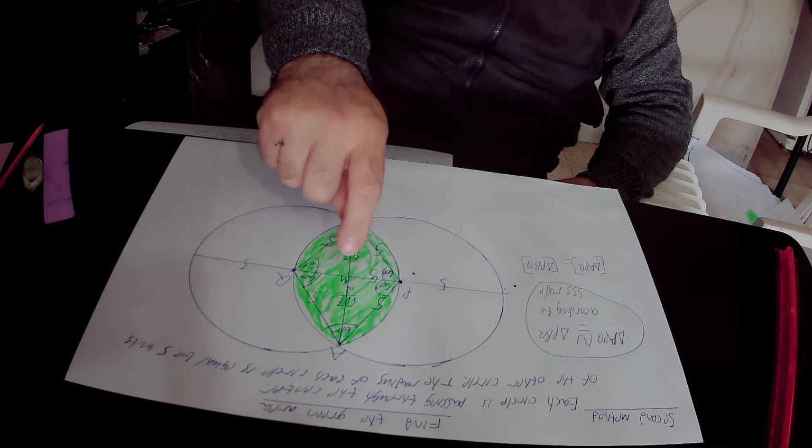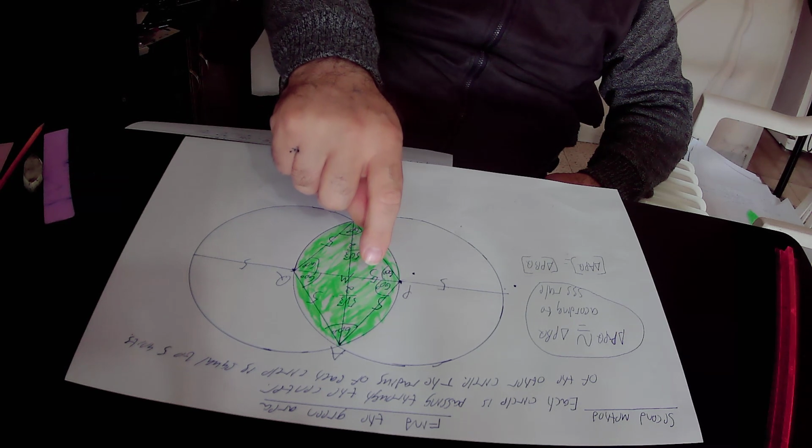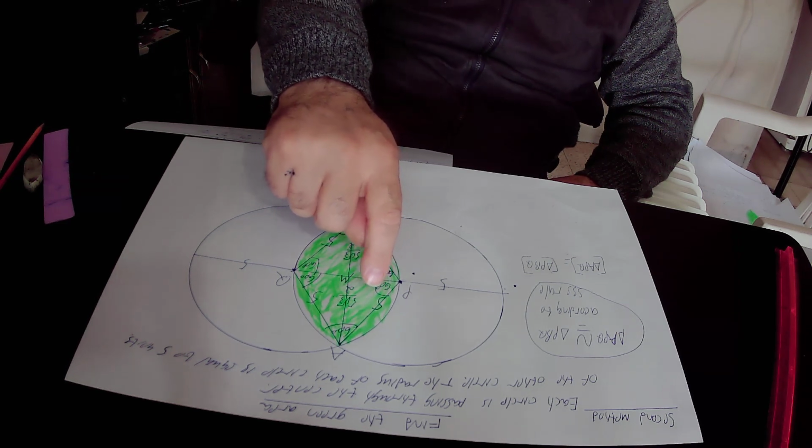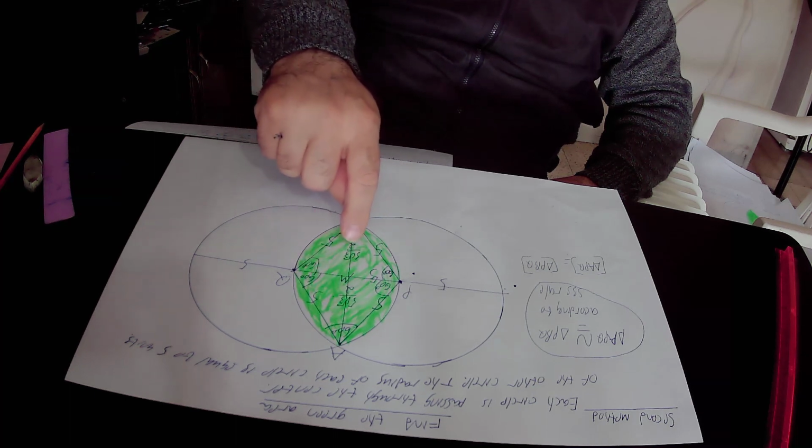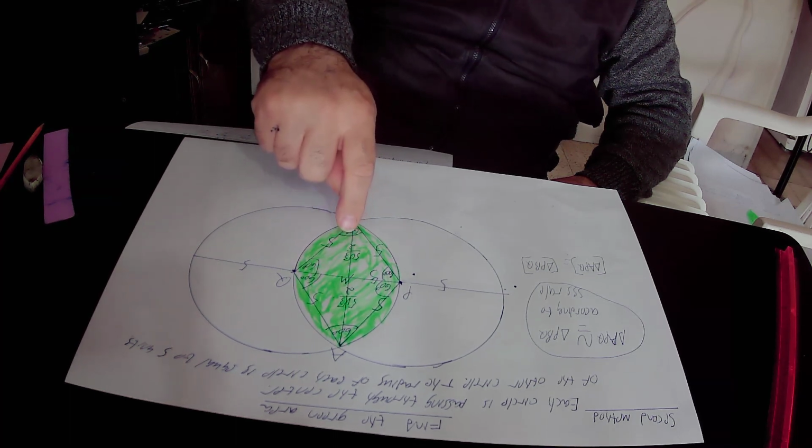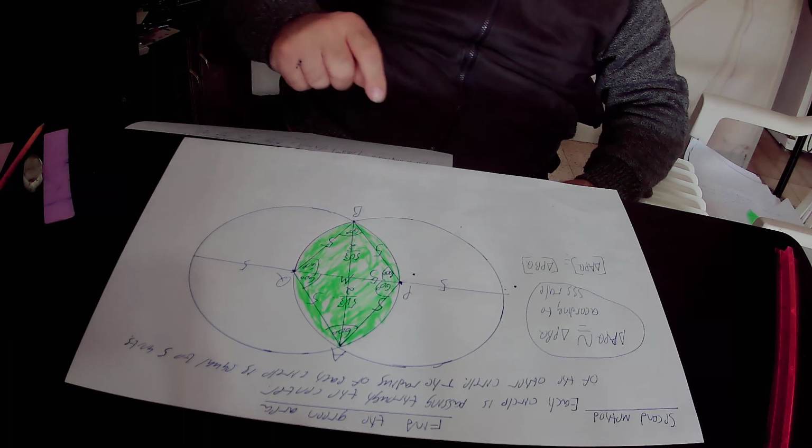Okay, so those two triangles have the same areas. And because each triangle is an equilateral triangle, the angles inside an equilateral triangle are equal to 60 degrees. So all the angles here are equal to 60 degrees, and all the angles inside this equilateral triangle are also equal to 60 degrees.